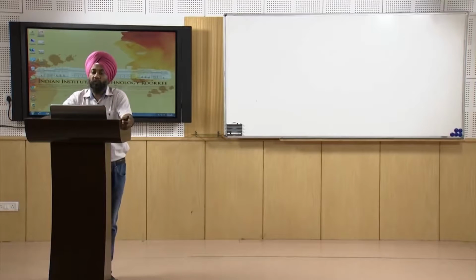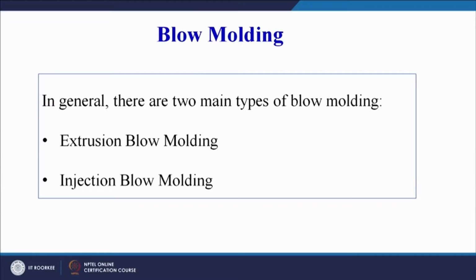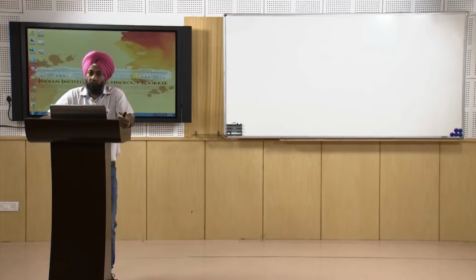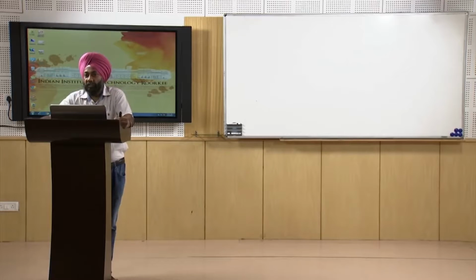So the blow molding process can broadly be classified into two categories. There can be other classifications also. These two classifications are extrusion blow molding and injection blow molding. Now these two classifications are based on the raw material that we use. The parison, P-A-R-I-S-O-N, is used as a raw material in blow molding, and if the method for making the parison is extrusion, then we call it extrusion blow molding.